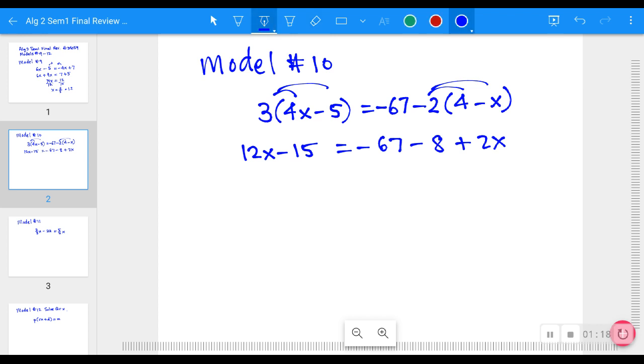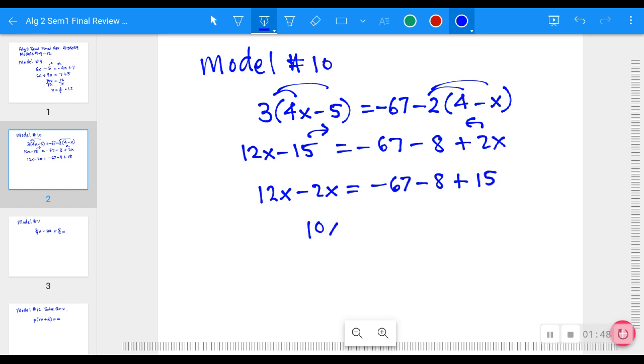All right, now we're going to collect everything with x's on the left and everything without x's on the right. So let's see, we had a 12x already over there, and it's joined by a negative 2x coming from the other side. Eventually that'll become a 10x. Okay, let's see, you have a negative 6 here, and a minus 8 that's already over there. And then this is going to be joined by a positive 15 from the other side.